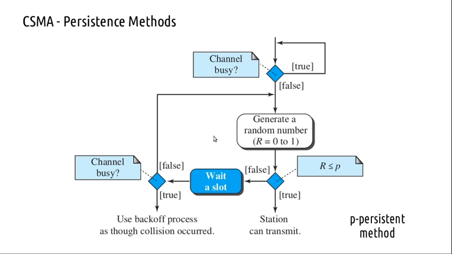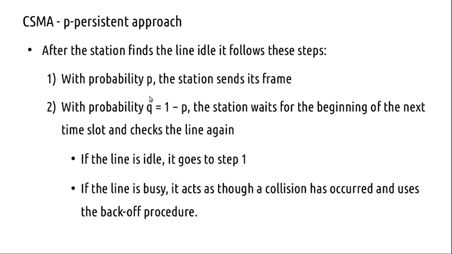So it checks whether the channel is idle or not, then generates a random number and transmits the frame if the random number is less than or equal to p. With probability p, it sends its frame.